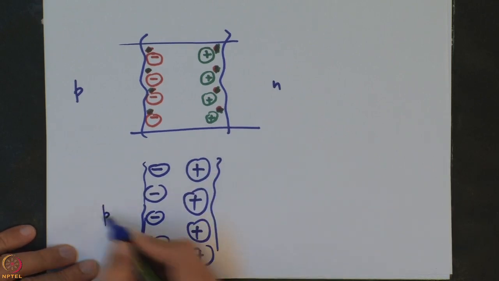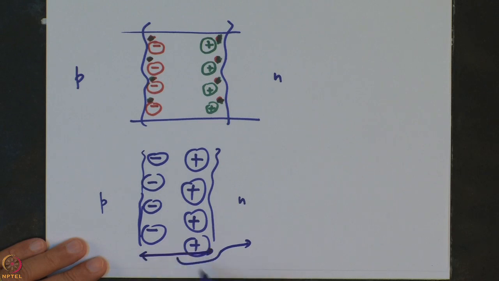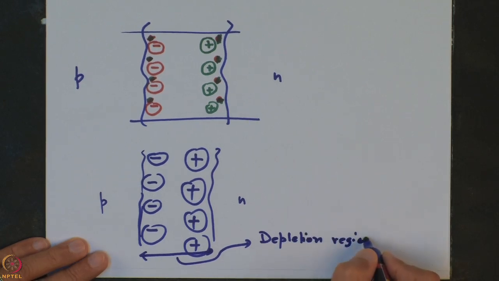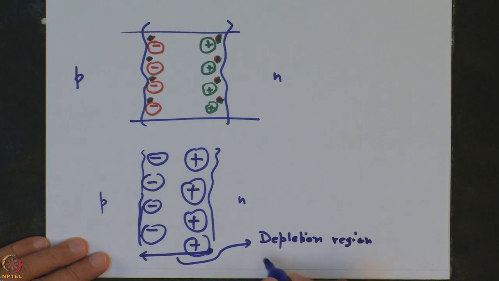This region is what is called the depletion region, no charge carrier, or space charge region.